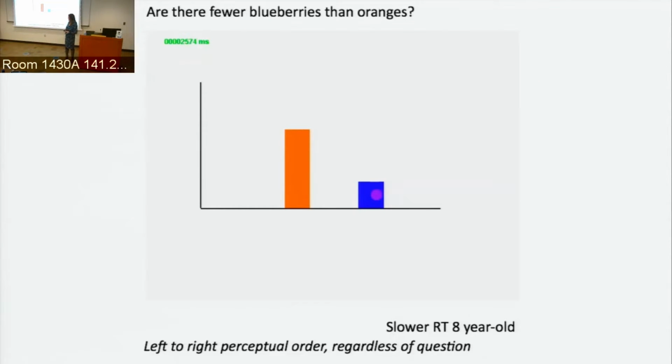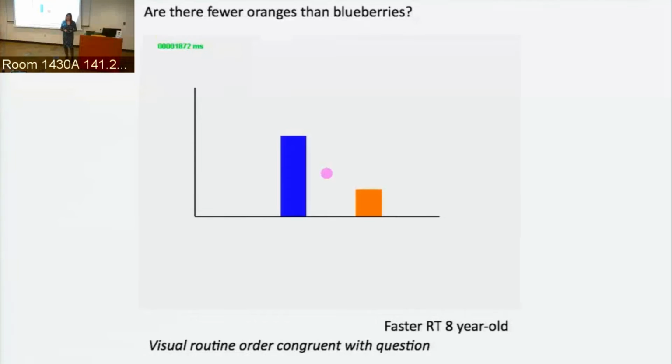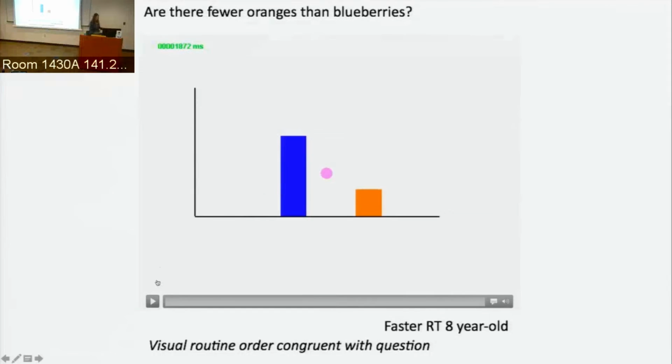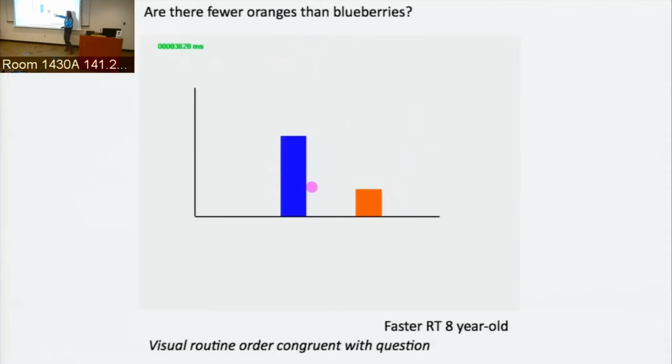Now I'm going to show you a different child, so another 8-year-old who tended to be faster on these kinds of trials. So in this case, their question was, are there fewer oranges than blueberries, okay? Now, I don't know if you caught it, but this child looks at the shorter orange bar first, right?